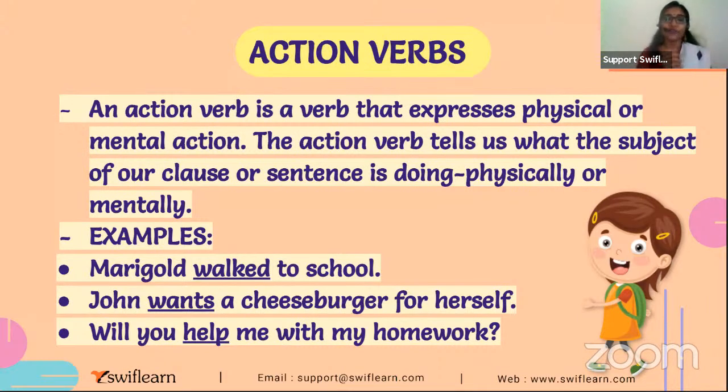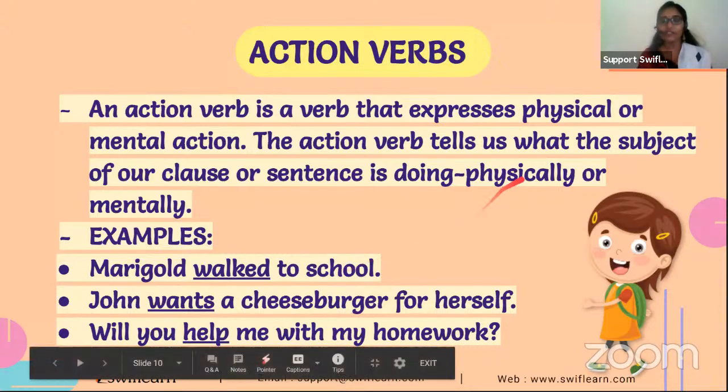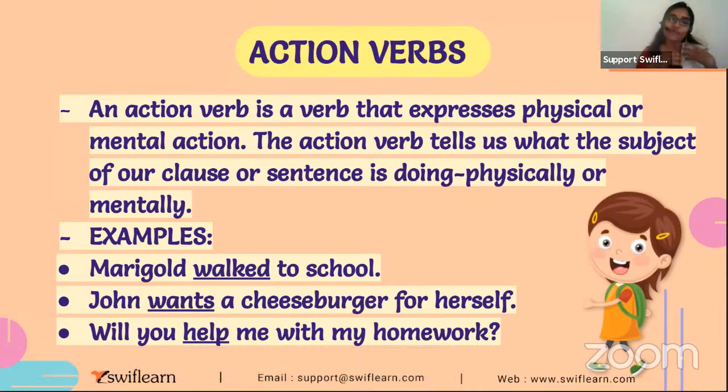An action verb is a verb that expresses physical or mental action. Whenever we are doing some physical or mental action, we use that verb called an action verb. An action verb always tells us what the subject in the sentence is doing physically or mentally.